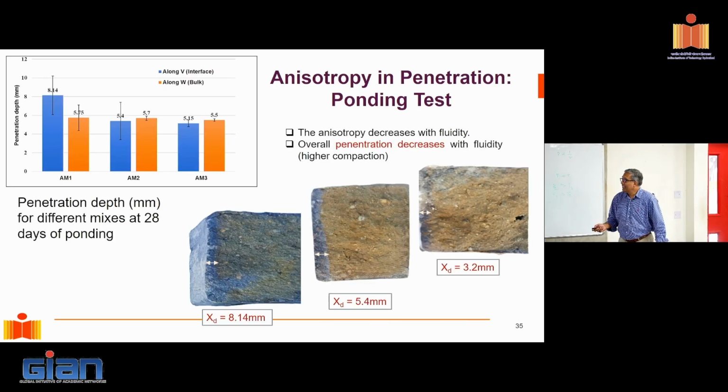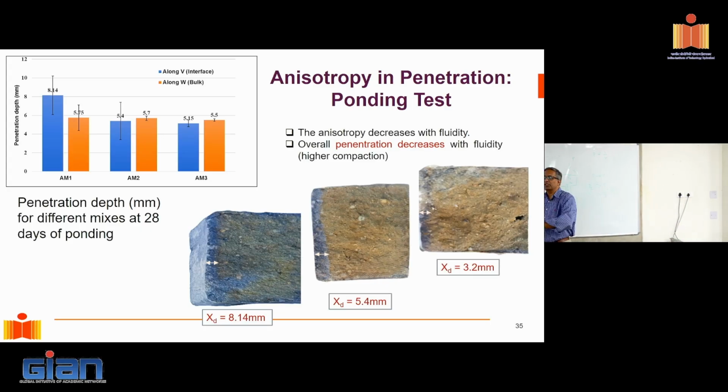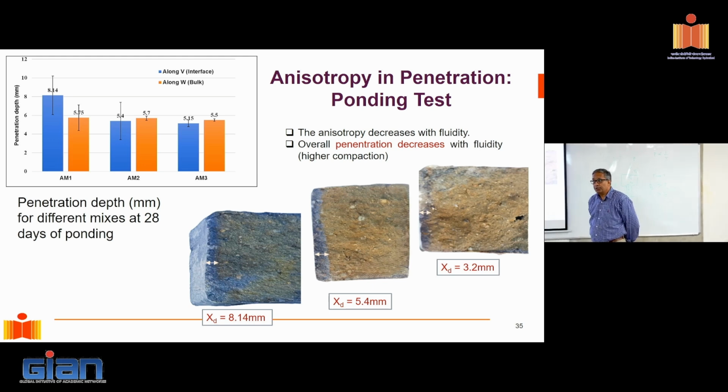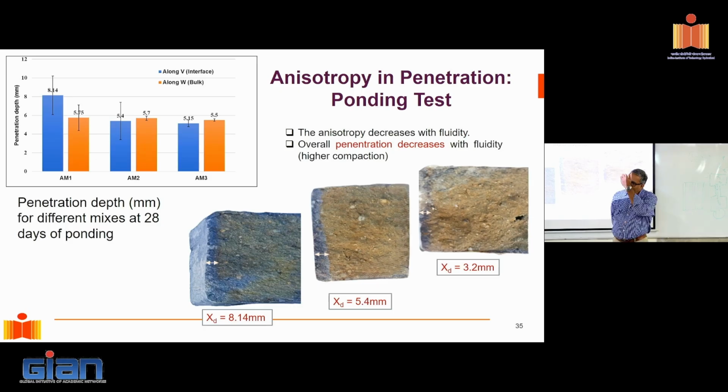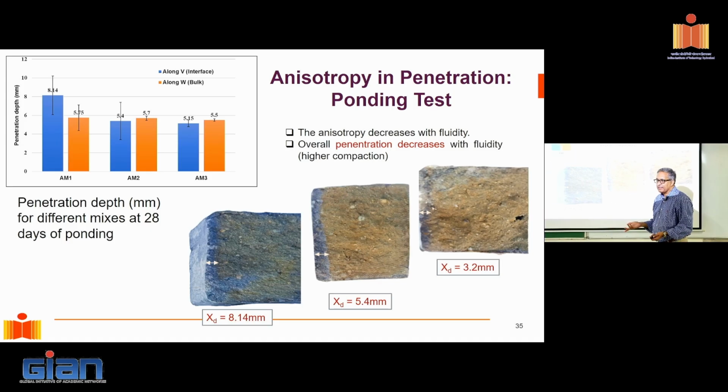We did chloride ingress as well. This is the ponding test. So we basically ponded these samples with chloride solution. So what happens when you pond chloride solution on there? Chloride ions diffuse through the material. I don't know if you can make out here, but you can see that right here, at the interface itself, we got preferential penetration happening right through the interface, right?